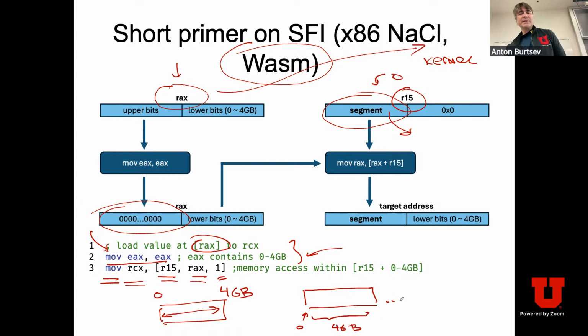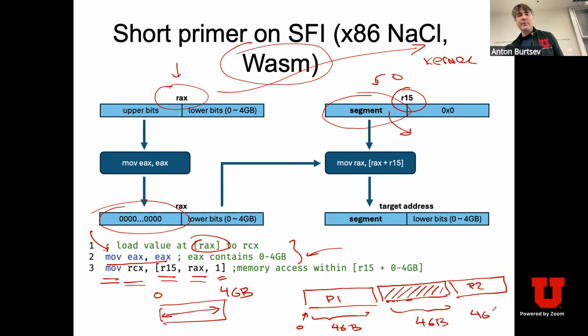In practice, there is a gap, because there are instructions which allow you to access the second 4 GB region. So you put a gap here, and then the second process starts from here. So this is process 1, process 2. And everything is in 4 GB regions, so from 8 to 12 will be a second process.